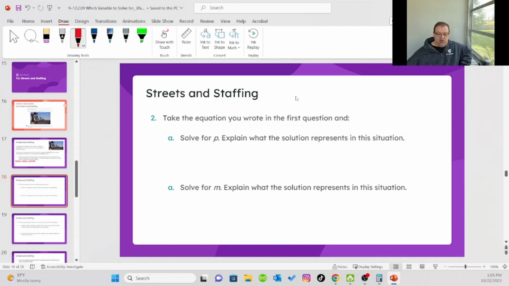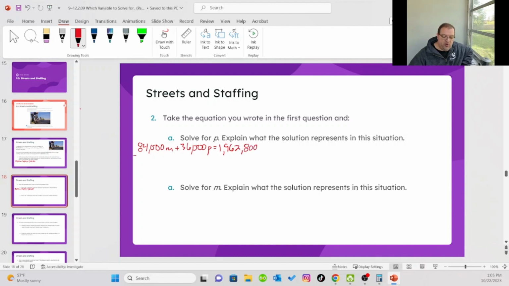Take the equation we wrote in the first equation and solve it for P. So 84,000 M plus 36,000 P equals $1,962,800.